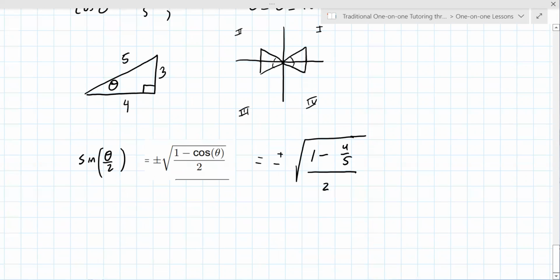The numerator is 5/5 minus 4/5, which becomes 1/5 over 2, and so that's 1/10. So it's plus or minus the square root of 1/10.